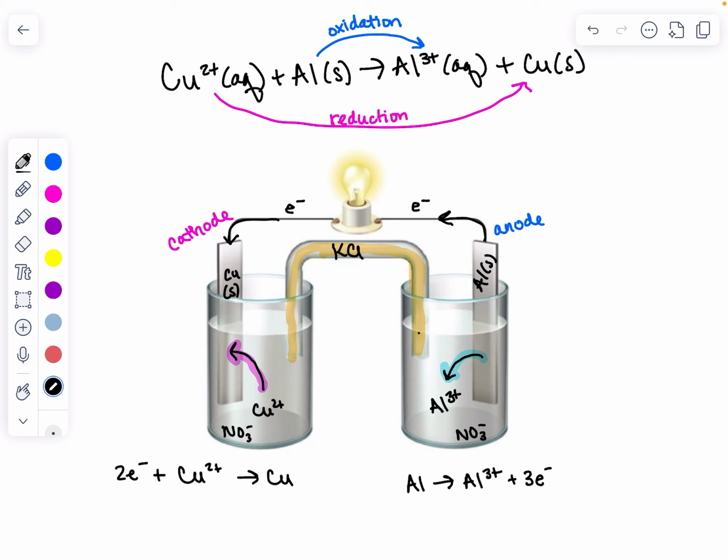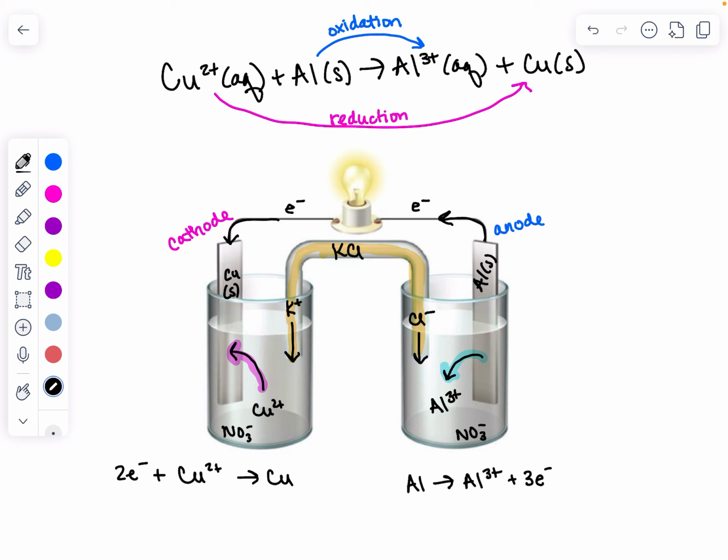So we might say that we need chloride ions to come from this salt bridge to balance the aluminum. So there's a balance of charge and a net of 0 charge in the beaker. On the other side, we are losing positive charge while the negative charge is staying the same. So we might say that we are gaining potassium ions from the salt bridge in order to balance the solution.